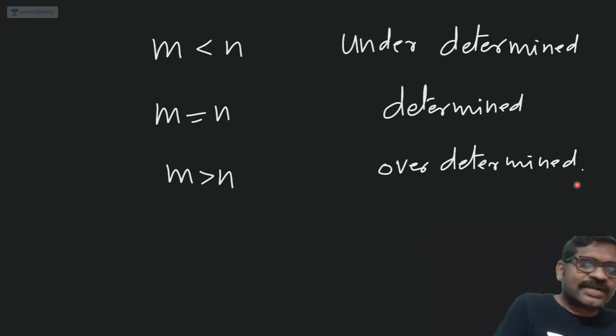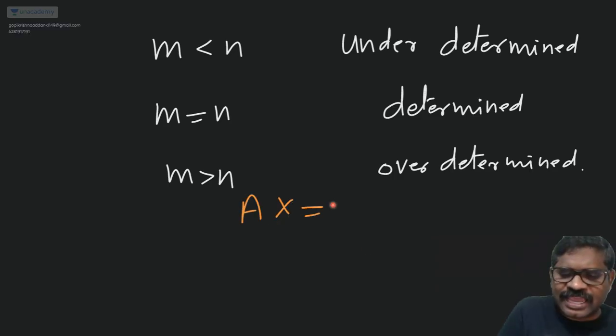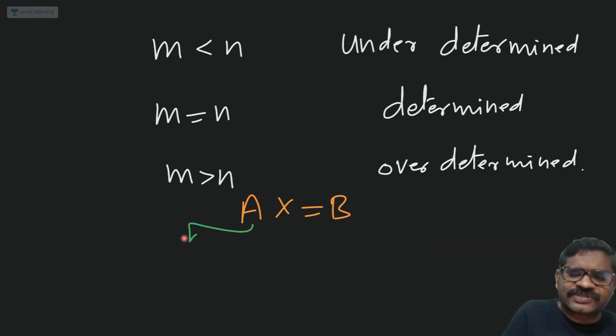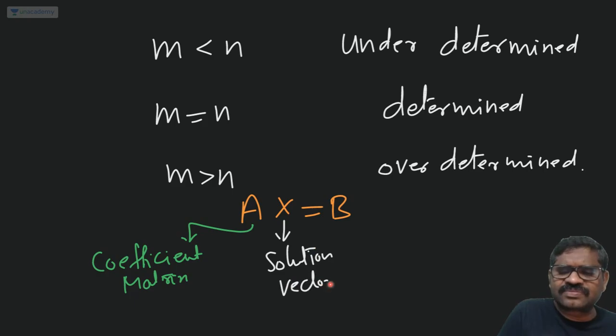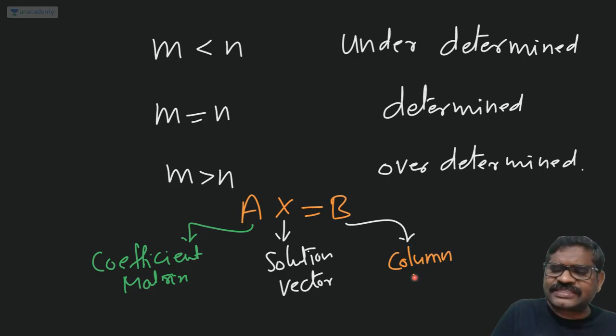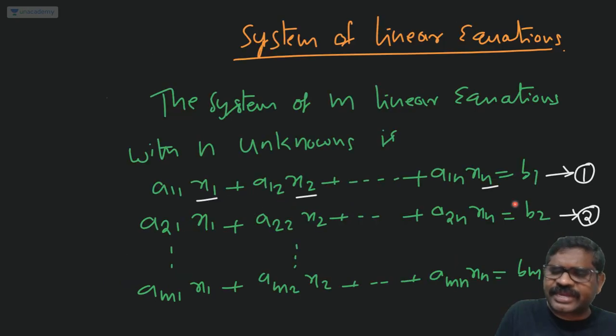Now the system of equations is of the form Ax equal to b, where A is known as the coefficient matrix, this x is known as the solution vector, and this b is known as the column vector, which is nothing but b1, b2, bn values.